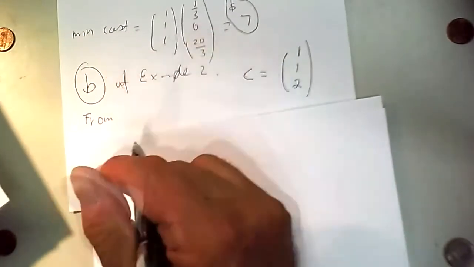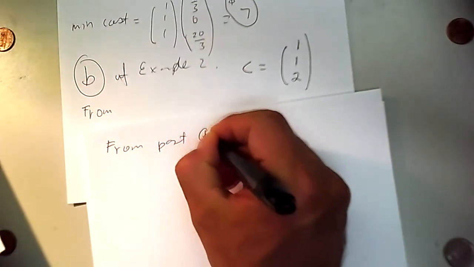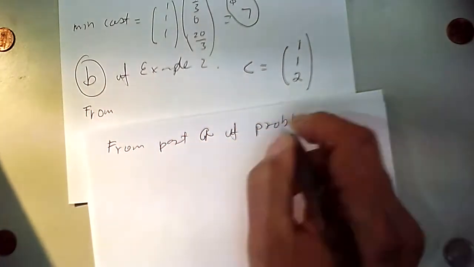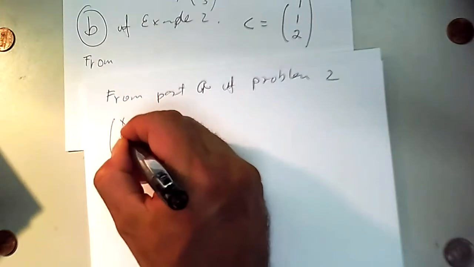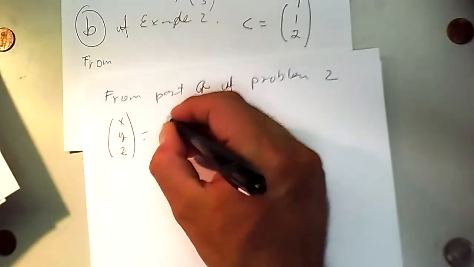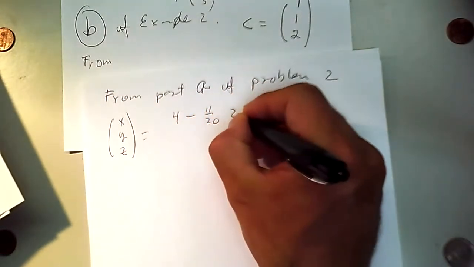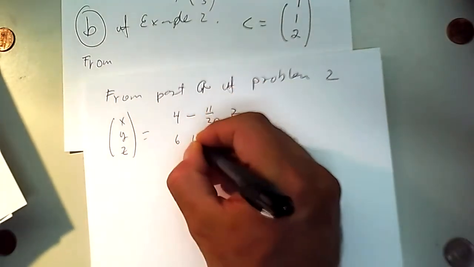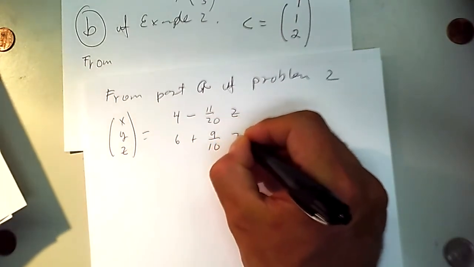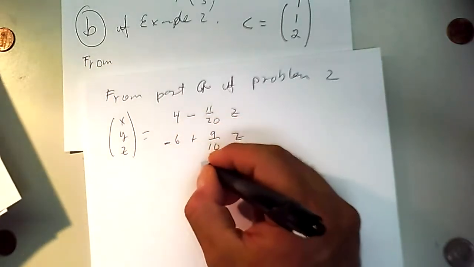So from part A of problem 2, we have that (x, y, z) is equal to (4 minus 11 over 20 z, negative 6 plus 9 over 10 z, and z).